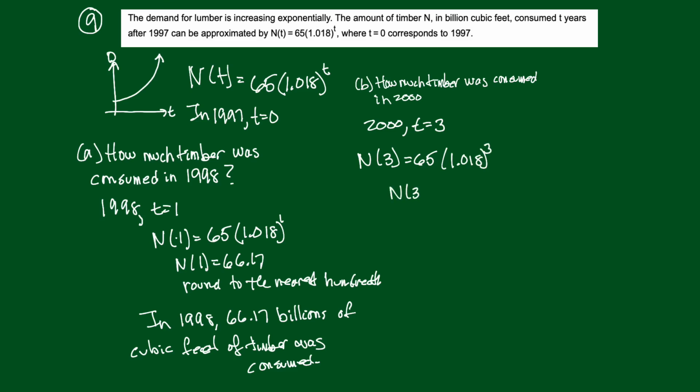And my calculator is giving me 68.57355 and so on. But I want to round to the nearest hundredth. So here's the tenths, here's the hundredths. Now that is a 3. That's below a 5. So I'm just going to drop those and go with this.